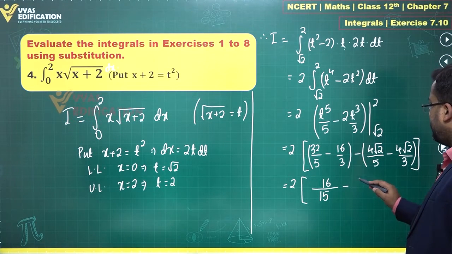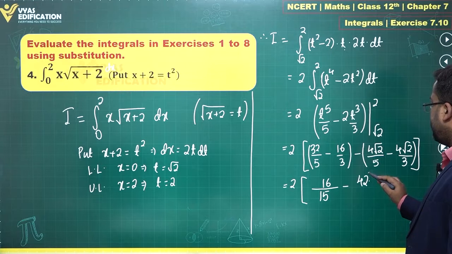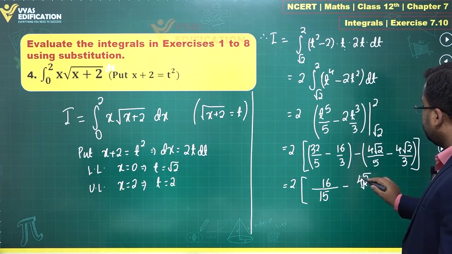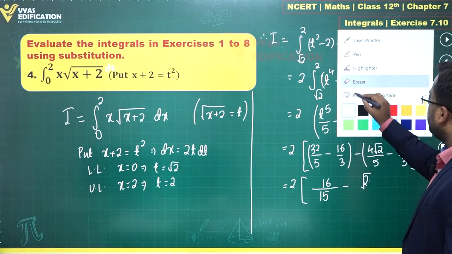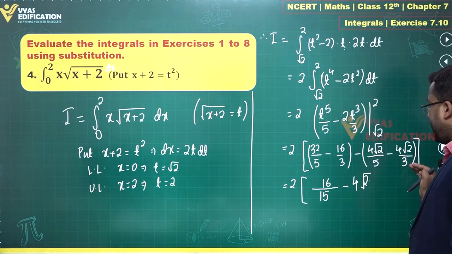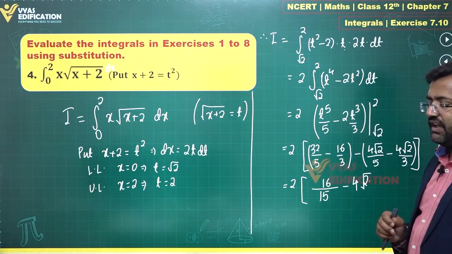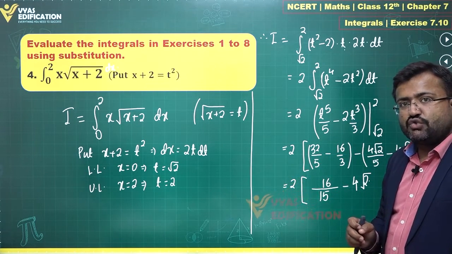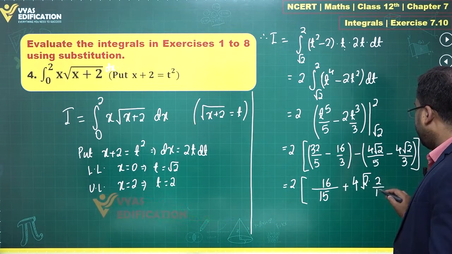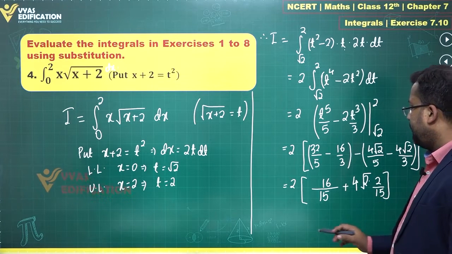Minus, what do we have over here? 4 root 2 from the numerator will come out common. Yes, this is not 4th root of 2. This is 4 square root of 2. 1 by 5 minus 1 by 3 will be 3 minus 5 upon 15. 3 minus 5 is minus 2 upon 15. That will become plus 2 upon 15 in the bracket over here.